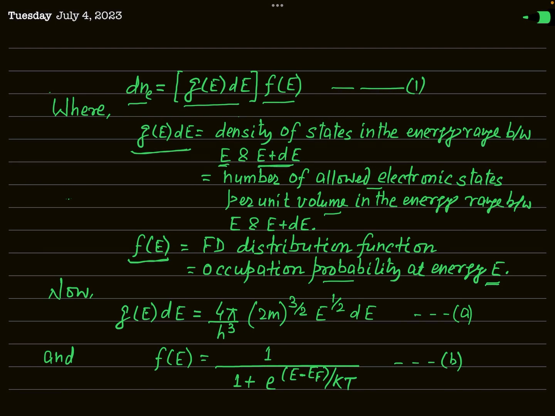So the number of electrons whose energy lies between E and E plus dE is given by the product G of E dE times F of E. Okay.